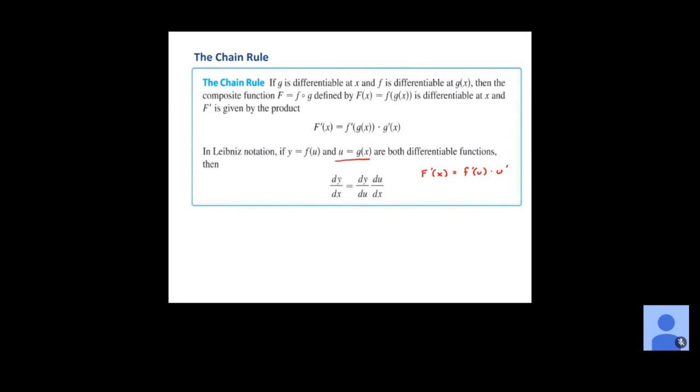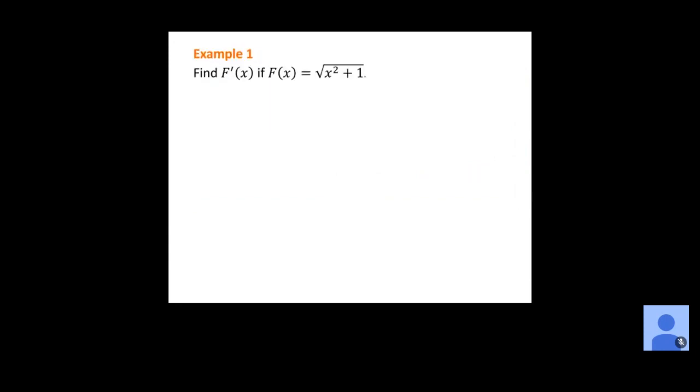So in other words, we're finding the derivative of the outside function, keeping what's inside the same, and then multiplying by just the derivative of the inside. It's the same thing that's written up here. We're going to do what's called a u substitution, where u is the g of x function, and then we're going to use that notation to actually find our derivative. Again, this only applies if you have a composite function where you have an inside and an outside, and that's when we have to use chain rule.